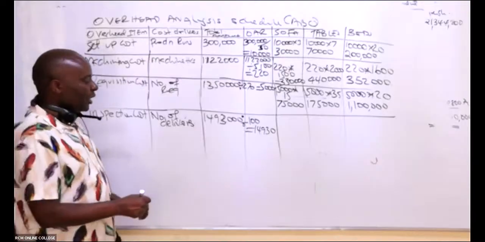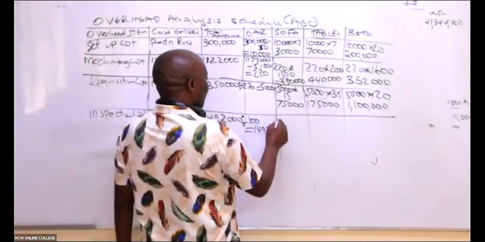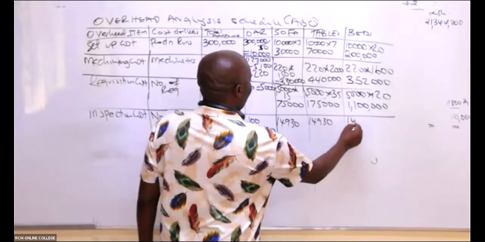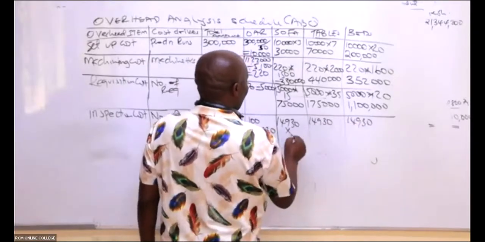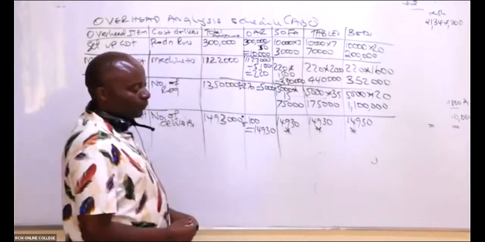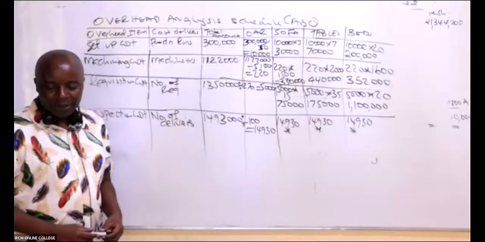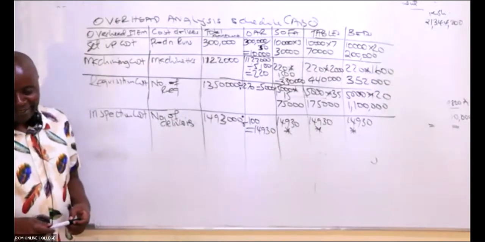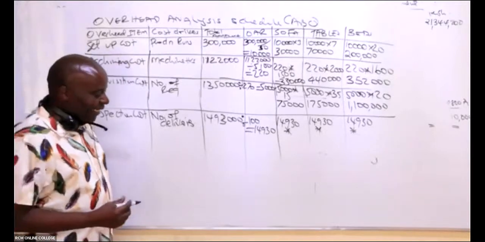So then this will be 14,930 times the number of deliveries. So you're able to give me the number of deliveries for sofa sets? 30.